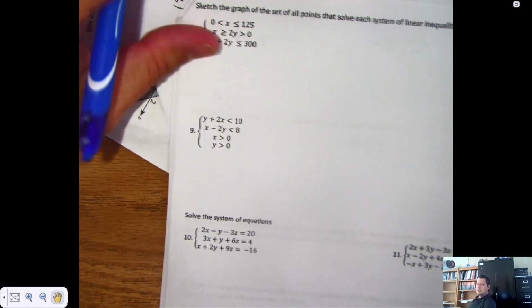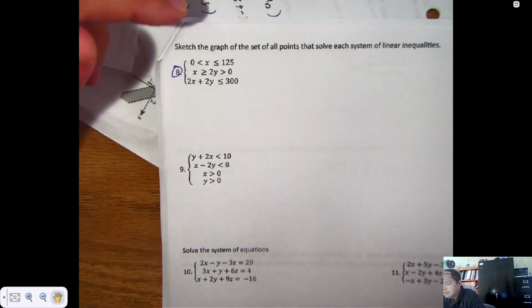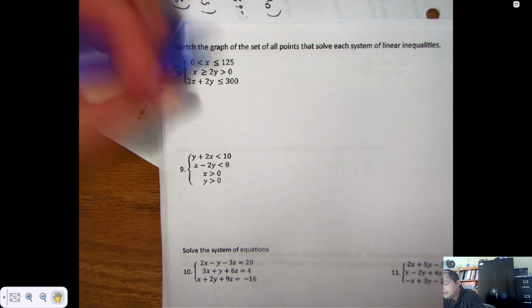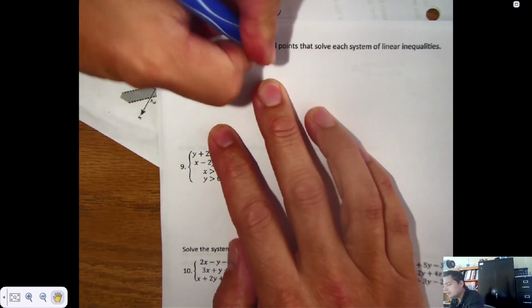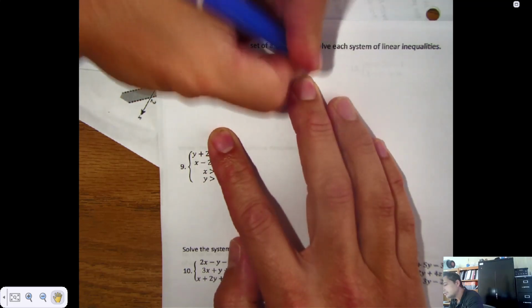Here's number 9. You're supposed to sketch a graph of the set of all points that solve each system. Actually, 8's probably harder, so I'll do 8. All right, 8 is going to be the harder of the two. We have 0 is less than x, which is less than or equal to 125. That is two equations: x is greater than 0 and x is less than or equal to 125.